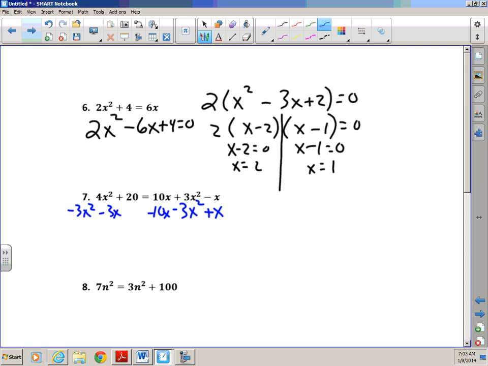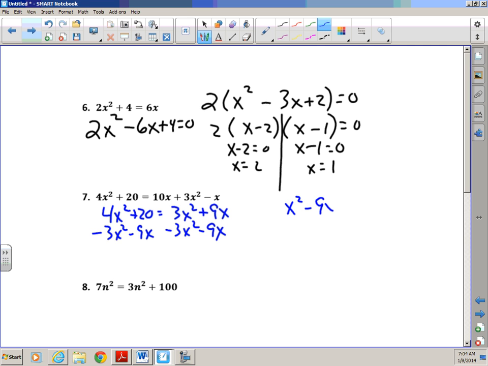It's not as clean here because I can't really line everything up, but actually what I should have done first, I apologize, is I should have consolidated this into 3x squared plus 9x, and then get rid of the 3x squared and the 9x. And so my resulting trinomial is x squared minus 9x plus 20 equals 0.